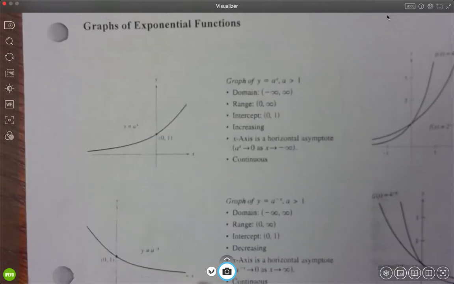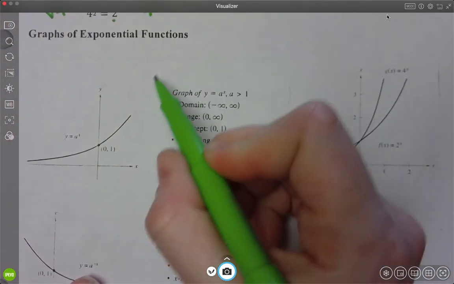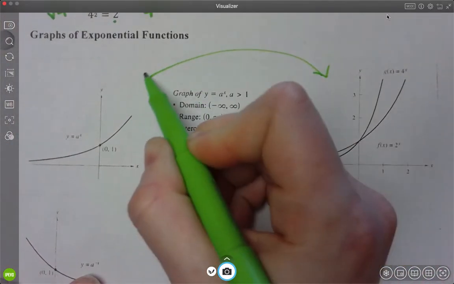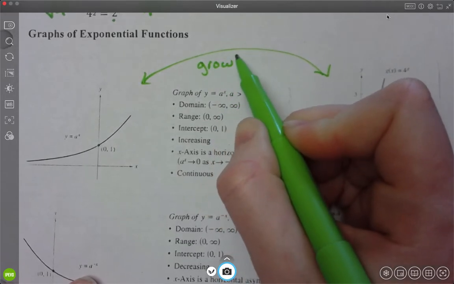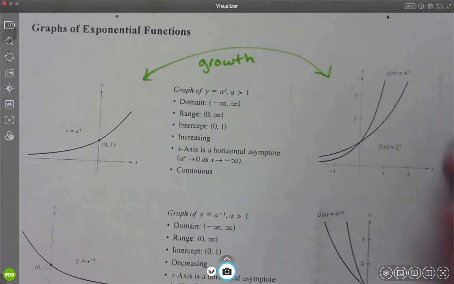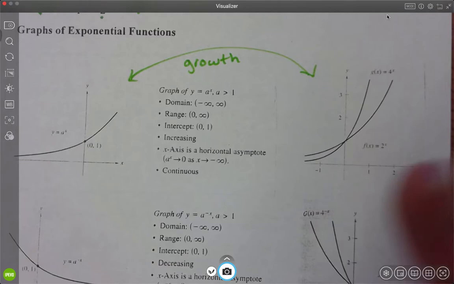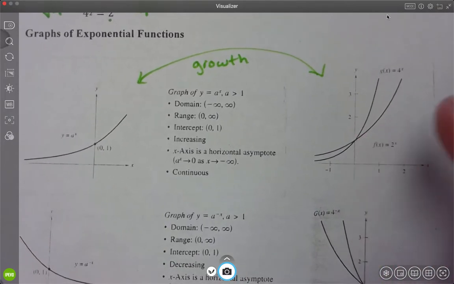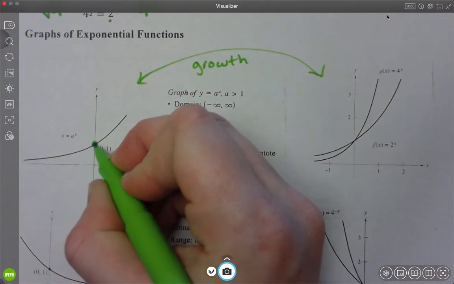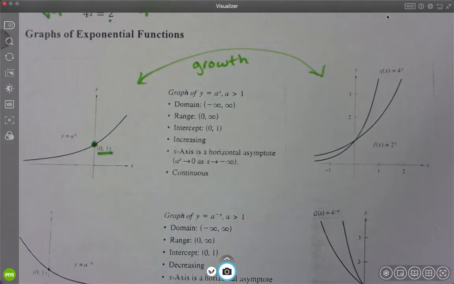Graphs of exponential functions. These two up here at the top are going to be growth functions because they are growing over time. A standard principle of exponential growth functions is that they all hit at the point (0, 1).